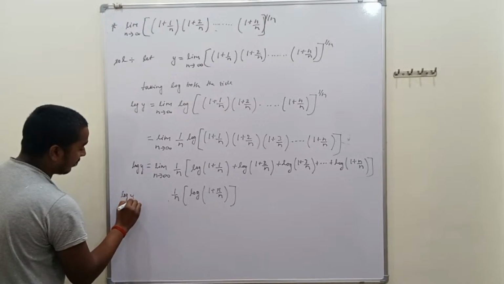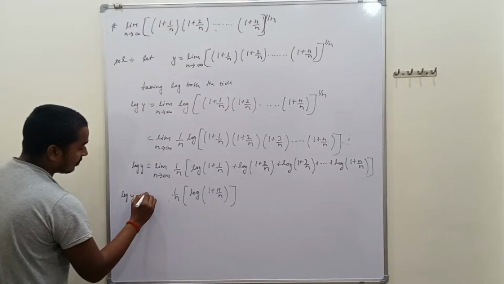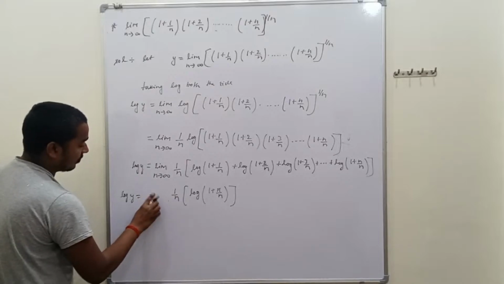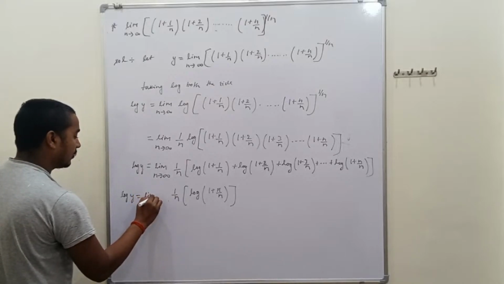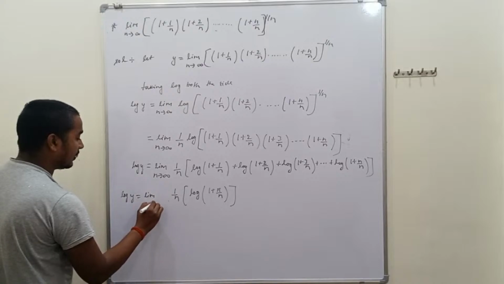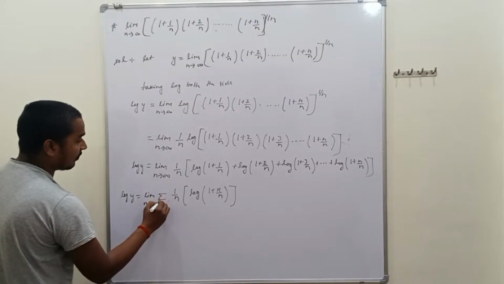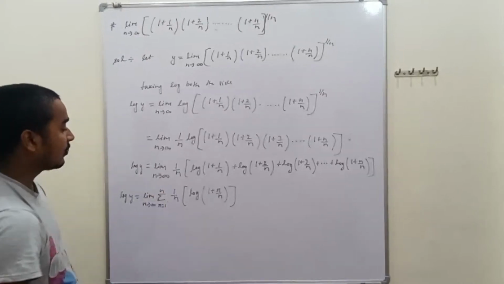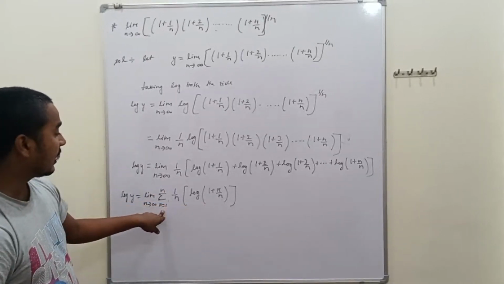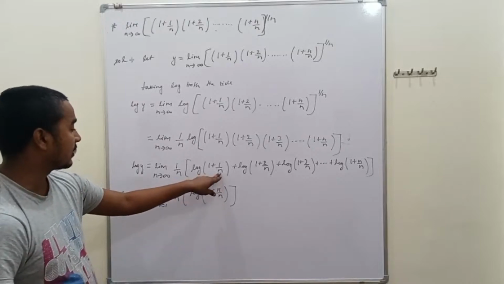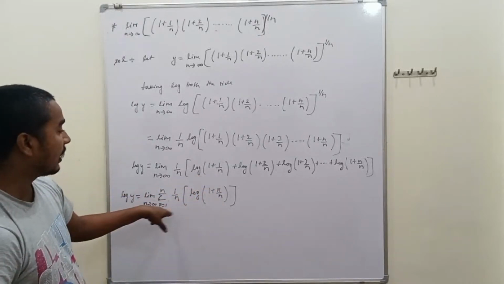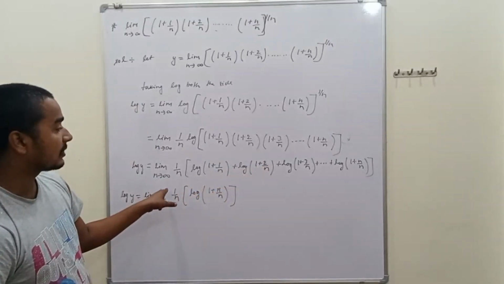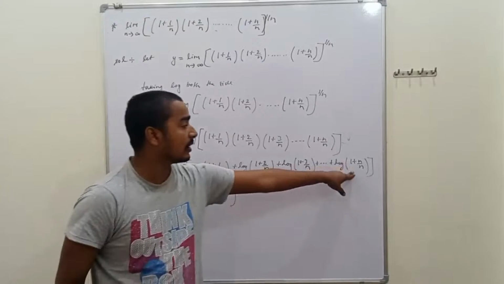Log of y is equal to limit n tends to infinity of the summation of r is equal to 1 to n. This is the required series. When putting r is equal to 1, we get the first term, and similarly putting r is equal to 2, we get the second, and in the last we put r is equal to n, we get the last term.